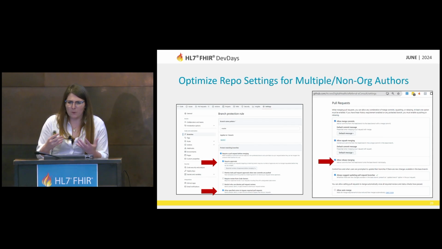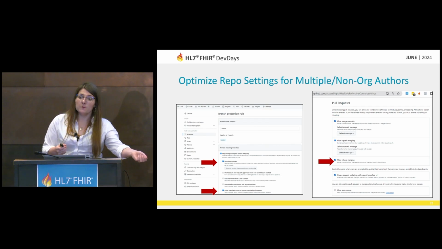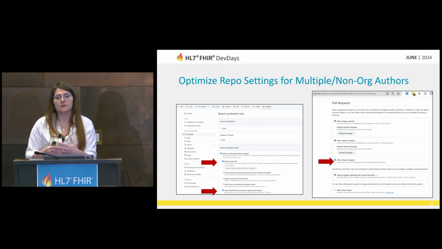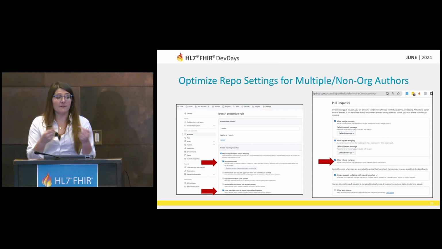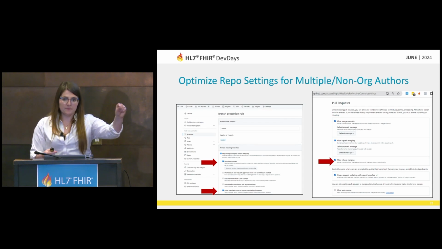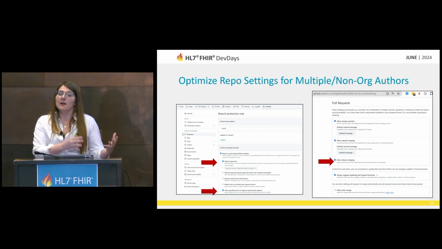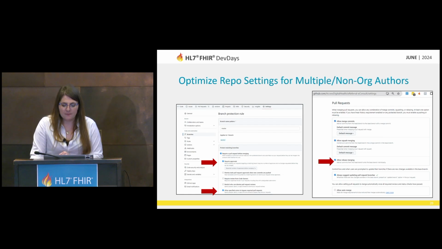While it's maybe not a default, you can apply settings that require approvals, and you can have another setting that allows your primary authors to get around the approval necessary for a pull request, because sometimes you don't have a secondary reviewer to say, yep, that makes sense, and you have to be able to push through changes quickly. Ideally, you always have a second reviewer, but it's one of those options that you have.